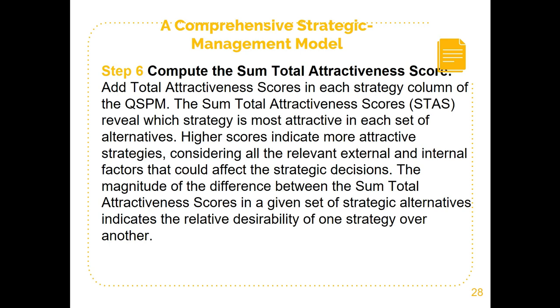Higher scores indicate more attractive strategies, considering all the relevant external and internal factors that could affect the strategic decisions. The magnitude of the difference between the sum total attractiveness scores in a given set of alternatives indicates the relative desirability of one strategy over another.